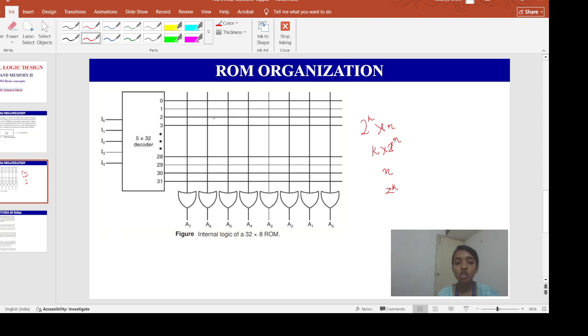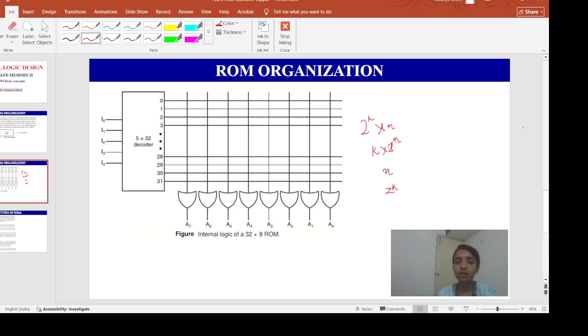And that can be altered to either be closed or open. Closed meaning that the two lines are connected, and open meaning that the two lines are disconnected. Okay, and the programmable intersection between the two lines is sometimes called the cross point.